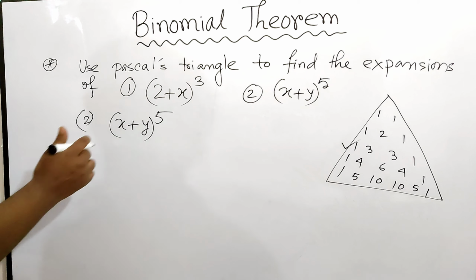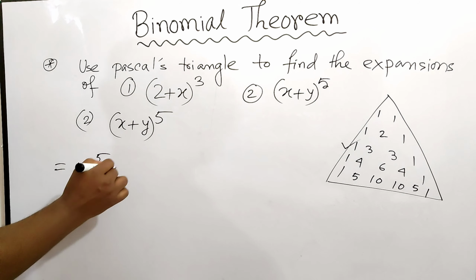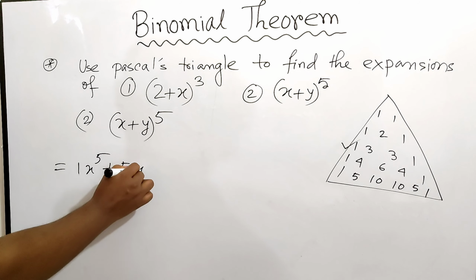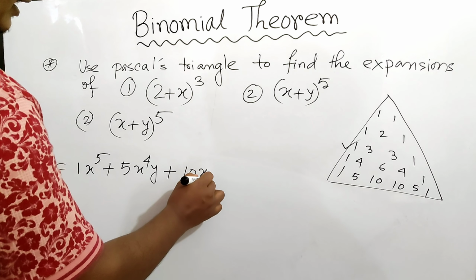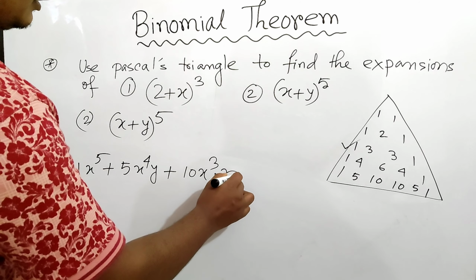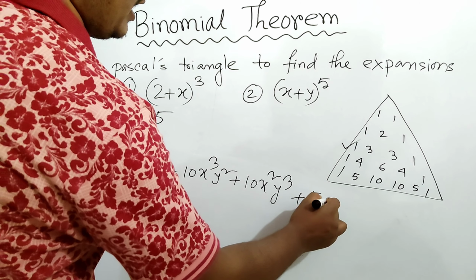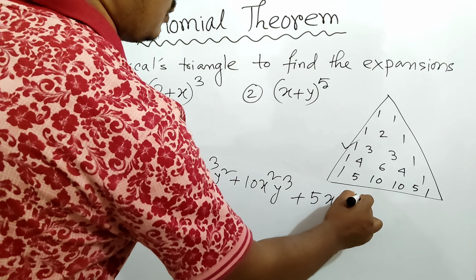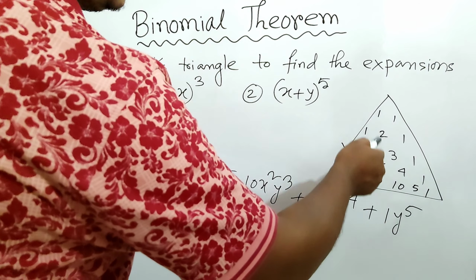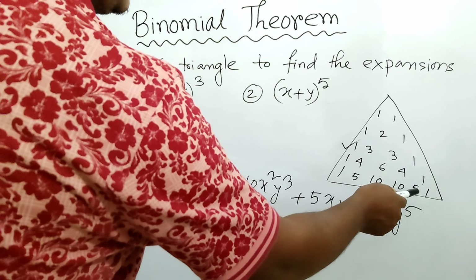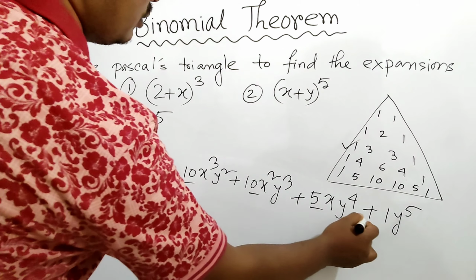Expanding this up to 5, it should be 1 x to the power 5 plus 5 x to the power 4 y plus 10 x cubed y squared plus 10 x squared y cubed plus 5 x y to the power 4 and finally y to the power 5. Look at the 5th row according to Pascal triangle: 1, 5, 10, 10, 5 and 1. These are the coefficients.